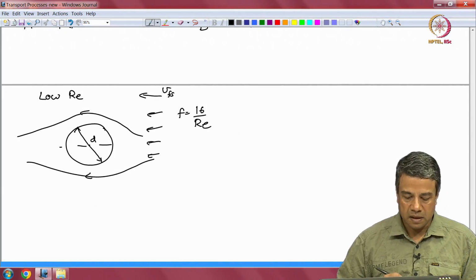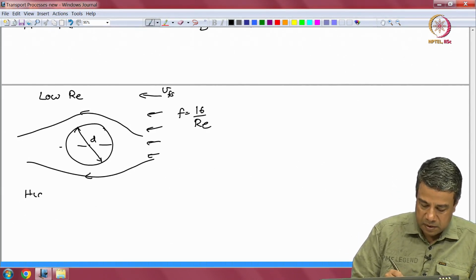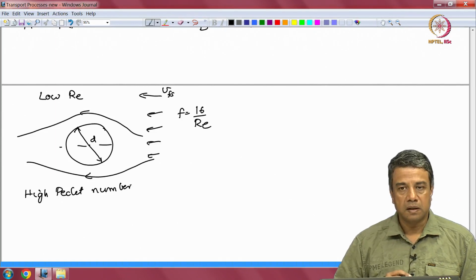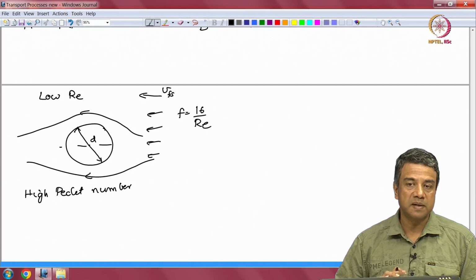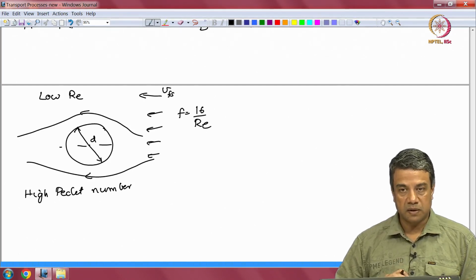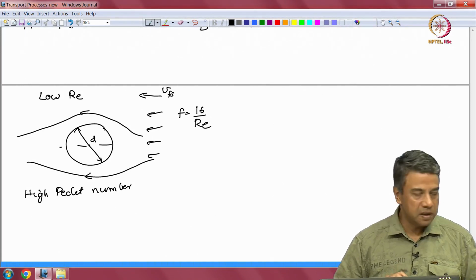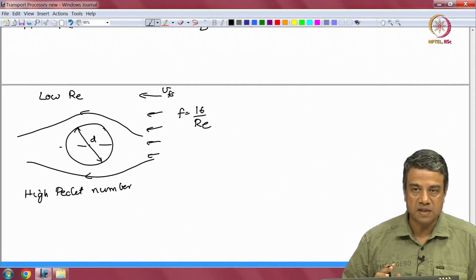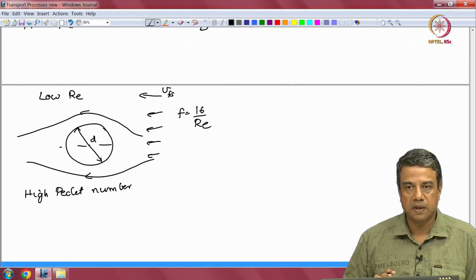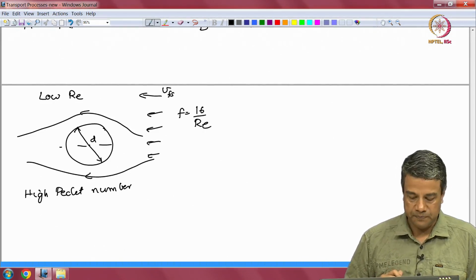And if you take also low Peclet number, the correlation is going to be the same as the correlation for the flow past a particle. Sherwood number or Nusselt number is equal to 2. That is because in that case the flow does not matter, it is only diffusion. So, for low Peclet number you get the same result for the gas bubble as you did for the solid particle.